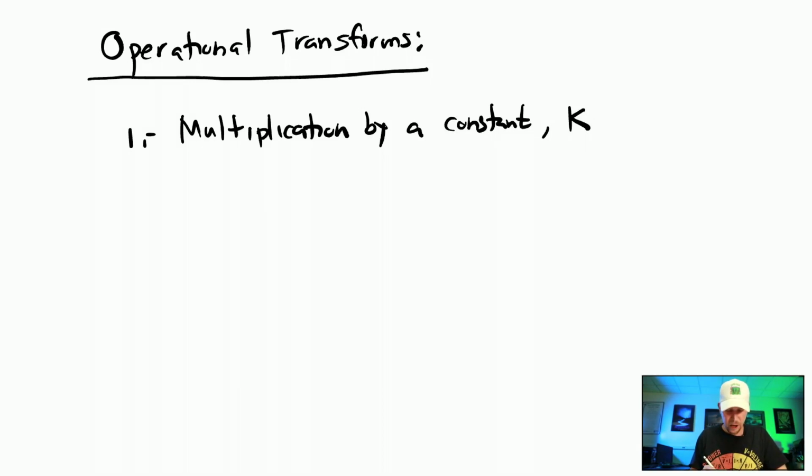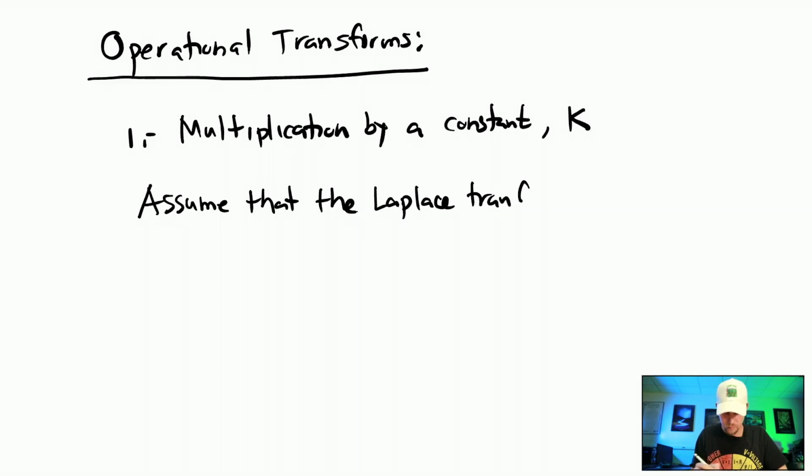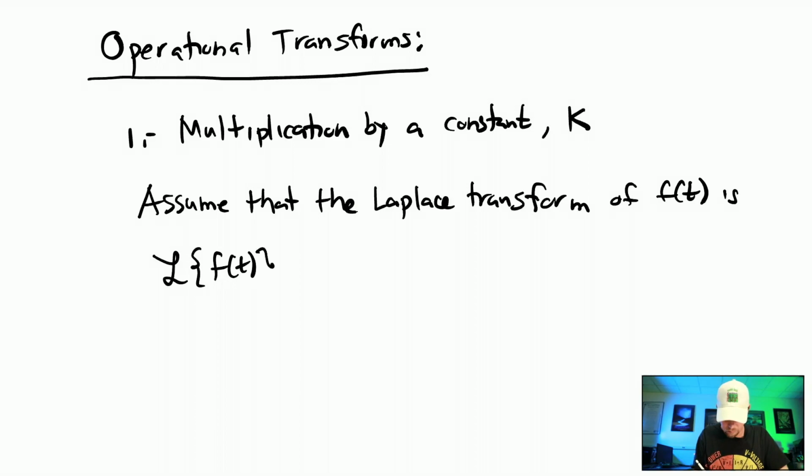Right? Now, suppose we assume that the Laplace transform of f of t is, by definition, F of s, like this, right?